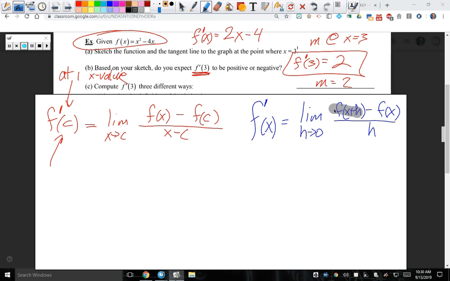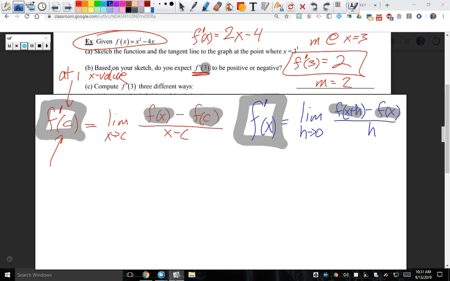Still y2 minus y1, and this is still y2 minus y1. The only difference is the answer is an awesome equation that you can plug any number into. But the answer over here is if and only if we're evaluating one specific x value, which doesn't make sense, but we need to know how to do it as well. Okay. Notice the similarities and differences.